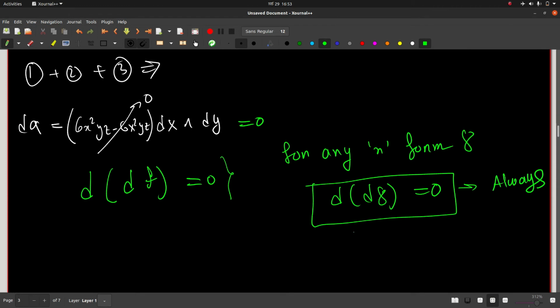And this is sometimes also written as the d square operator. It takes something and makes it 0, and it has a famous interpretation that the boundary of a boundary is 0. This might not make sense right now, but we'll get to that later.